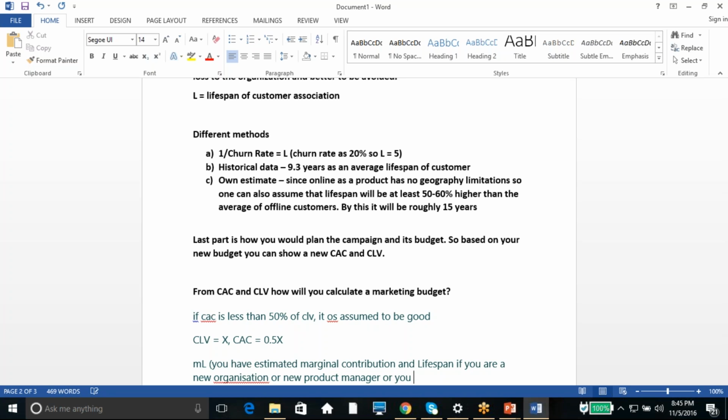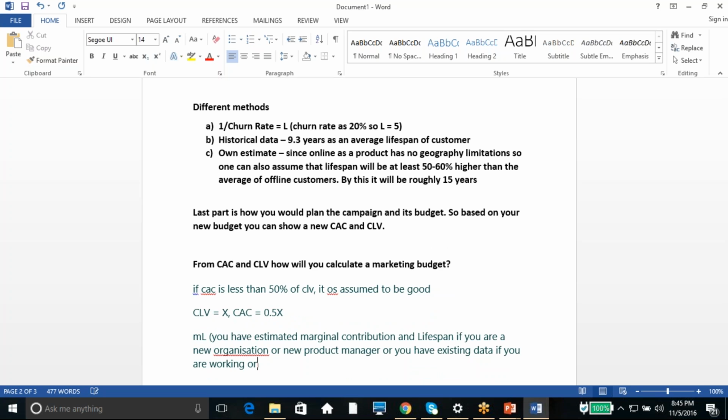Or you have existing data. Okay, so M and L is what you would get. CLV and CAC is what you will know, and from that you can therefore take out the marketing budget.